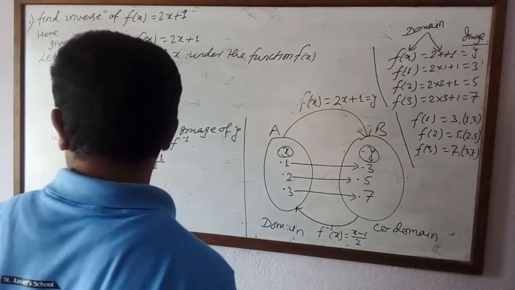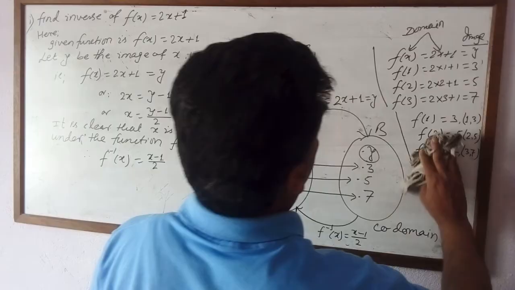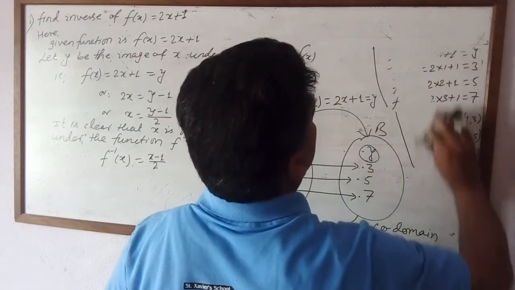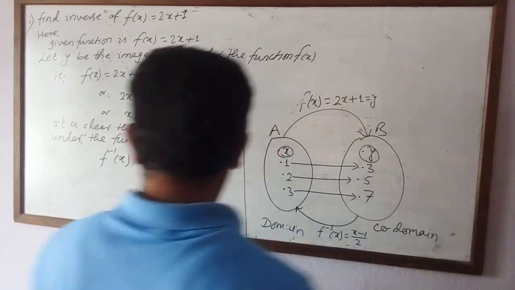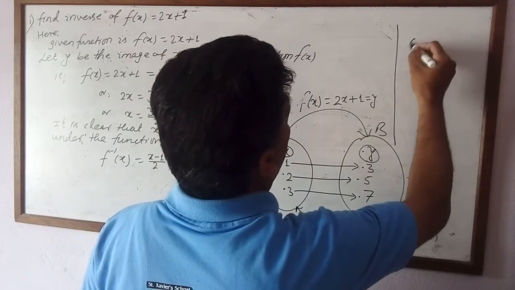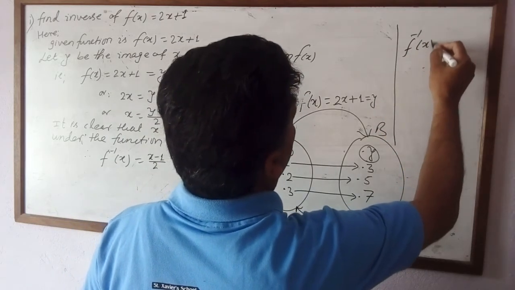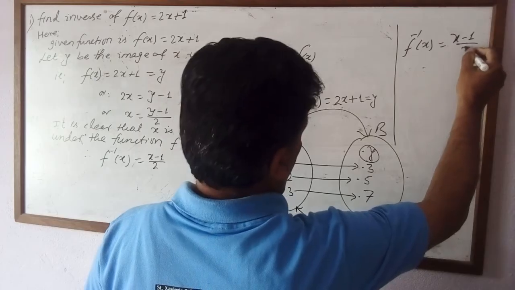Okay, this one I have already written. Now we have already found f inverse x equals x minus 1 by 2.